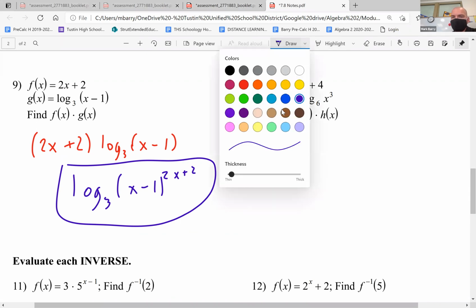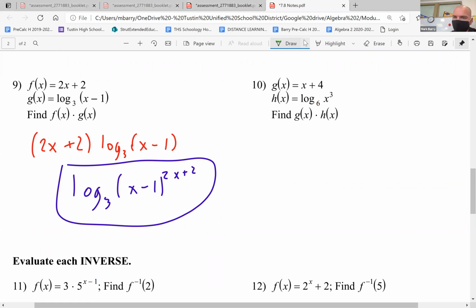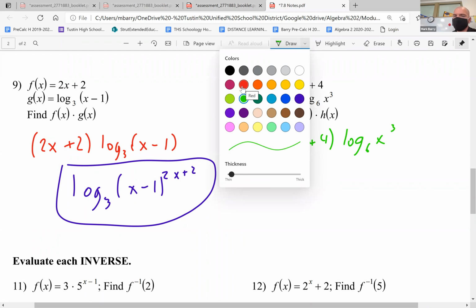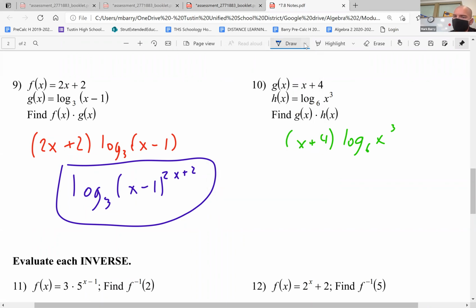All right, and then next up, number 10, going to be kind of similar here. So this one, x plus 4 times log base 6 of x to the third. So once again, we're going to move that up and make it an exponent.